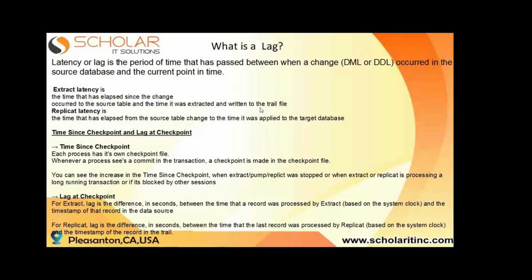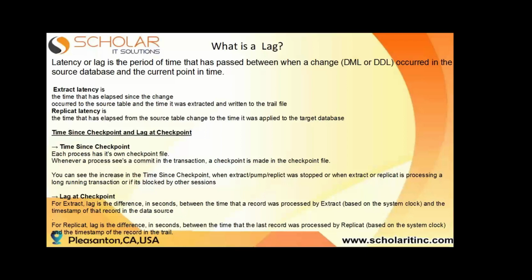For replicate, lag is the time that has elapsed from the source table change to the time it was applied to the target. So as in the first example, I insert a row at 5 a.m. in the source, and that row gets inserted in the target at 5:10, so my lag in the replicate is 10 minutes.